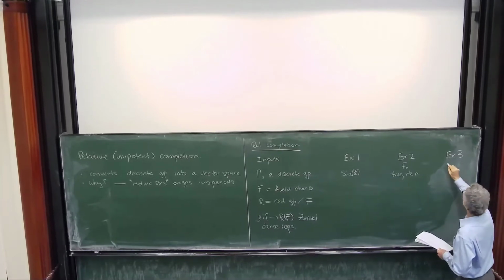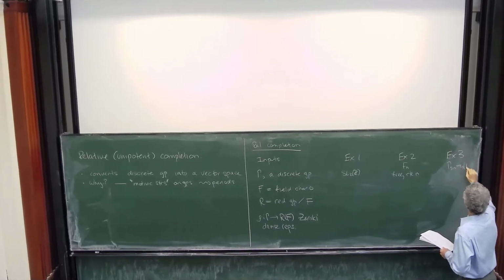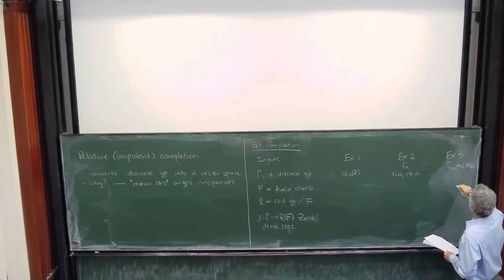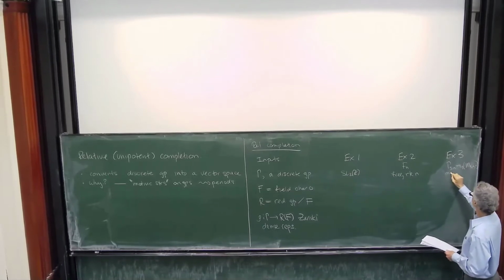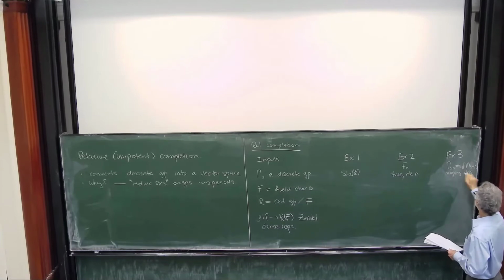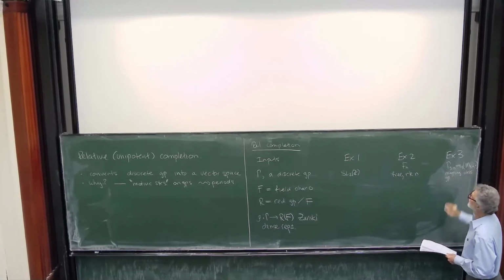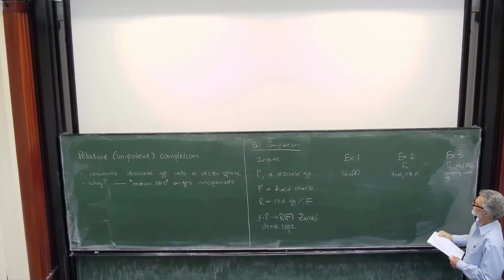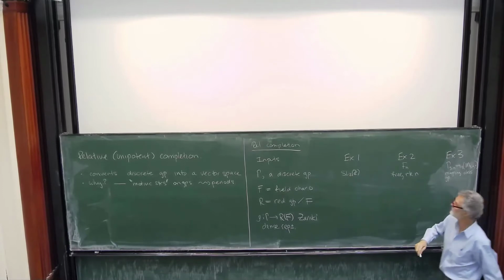And here I could take gamma g,n, if you like. This is pi1 of M_g,n, with some base point, a mapping class group. I won't talk about this anymore after this, but it should fit into the story.